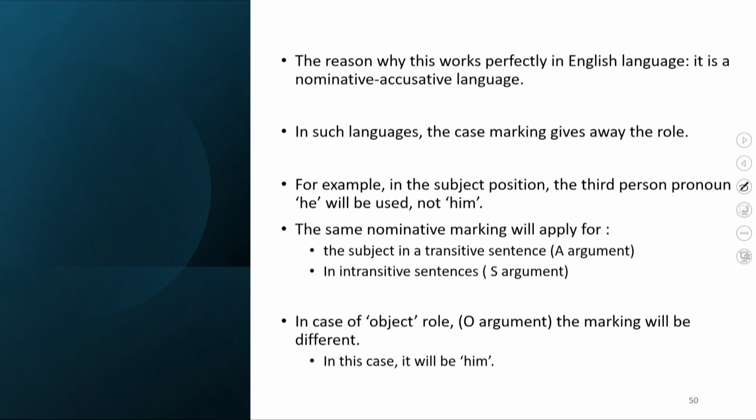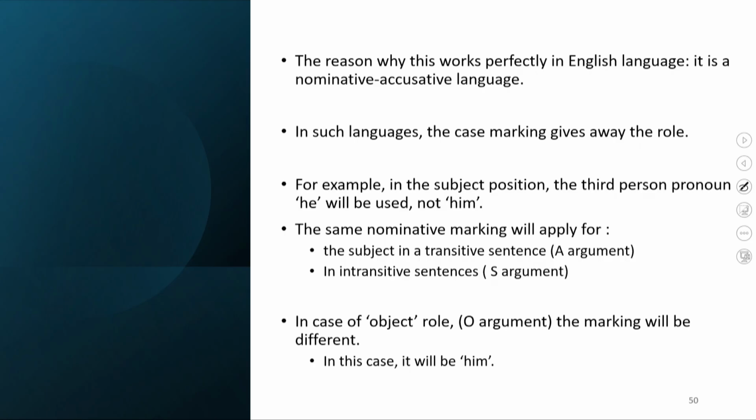Many scholars have pointed out that the reason it turns out to be very easy in the case of English is because English is a nominative-accusative language. So, what does it mean? Nominative-accusative languages have case marking for the nominative. The agent gets a nominative marker, the accusative marker is given to the object, and so on.